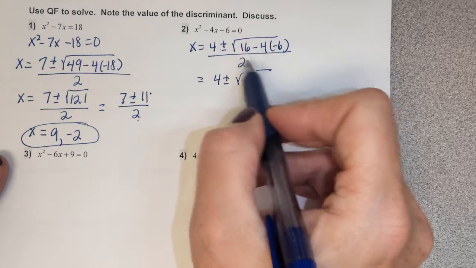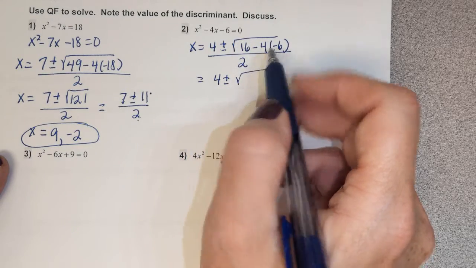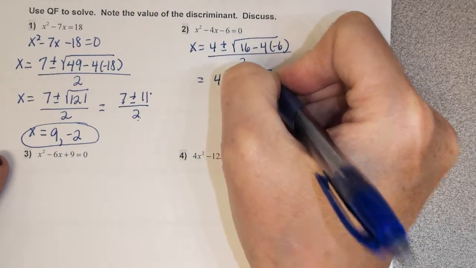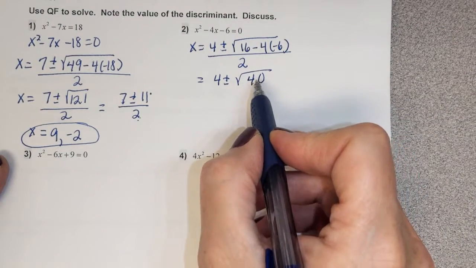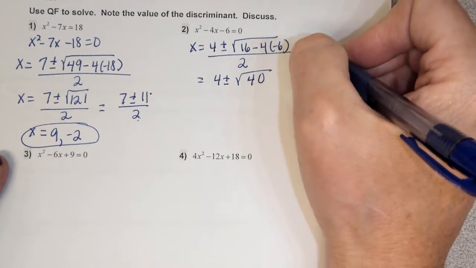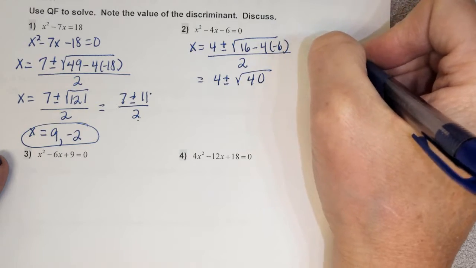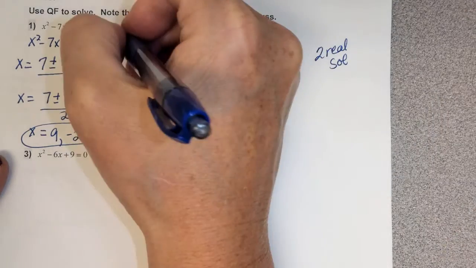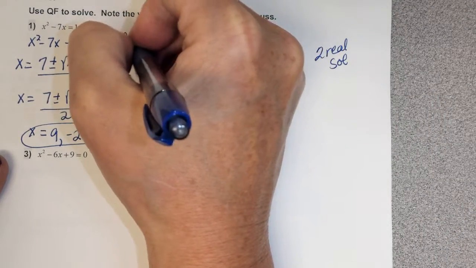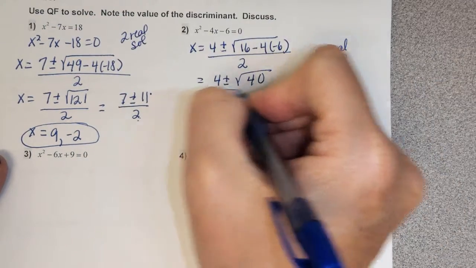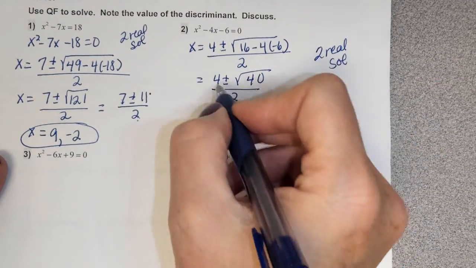What's that discriminant? 40. Okay, looking at that discriminant, it's positive. What does that mean we're going to get? 2 real solutions. Just like over here, we got 2 real solutions. And it's all over 2.